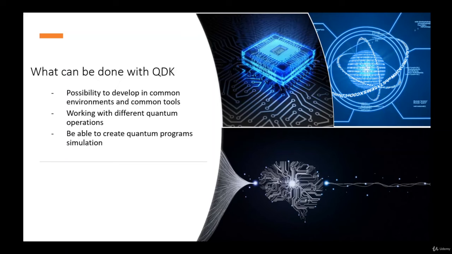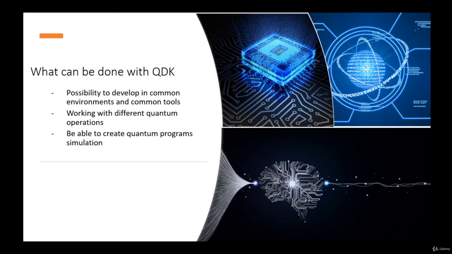And finally, it allows us to create quantum programs and to simulate them. When you create a quantum program, you want to simulate it or run it, and it gives a full state quantum simulation.